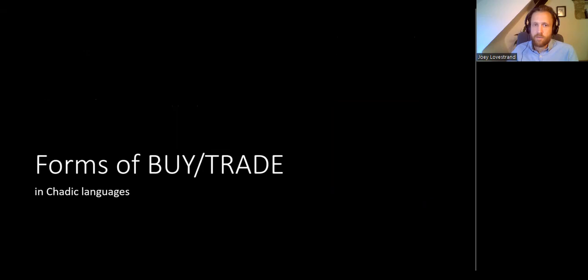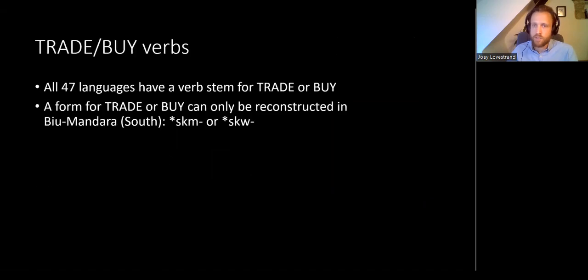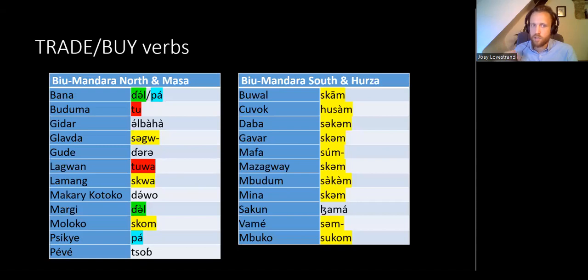All right, looking at forms of trade and buy throughout these 47 languages, we see actually quite a bit of diversity. It's only in the Biu-Mandara languages, particularly in Biu-Mandara South, that we see a very clear cognate across all the languages. So here are the Central Chadic languages, which include Biu-Mandara North and one Masa language, and Biu-Mandara South and a group of 2 languages called the Herza languages.